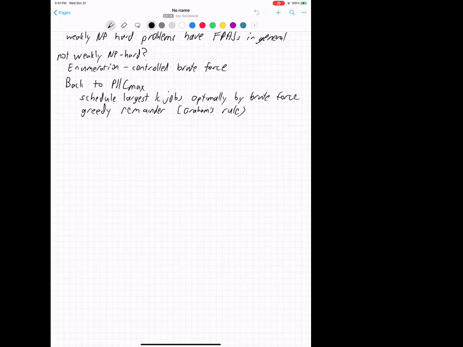So let's talk about the performance of this algorithm. What can I say about the value of my solution? Well, if I'm first scheduling the largest k jobs optimally, then when I'm done, I'm going to have something that's optimal. And now I take that optimum solution and I start piling on all the smaller jobs. So how bad can things get?